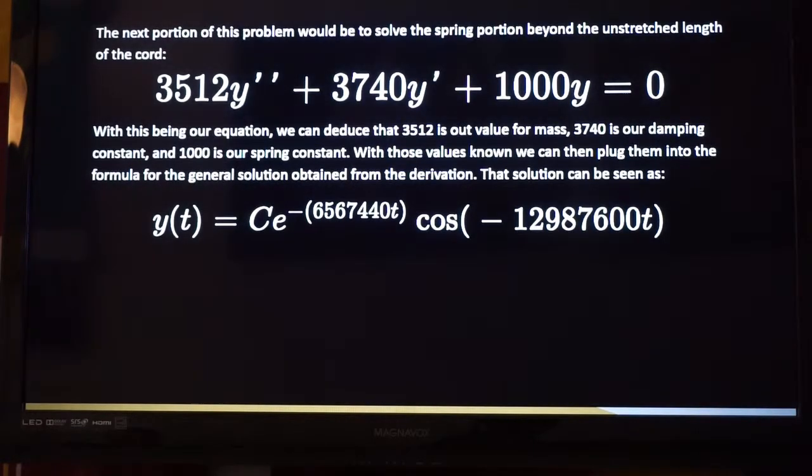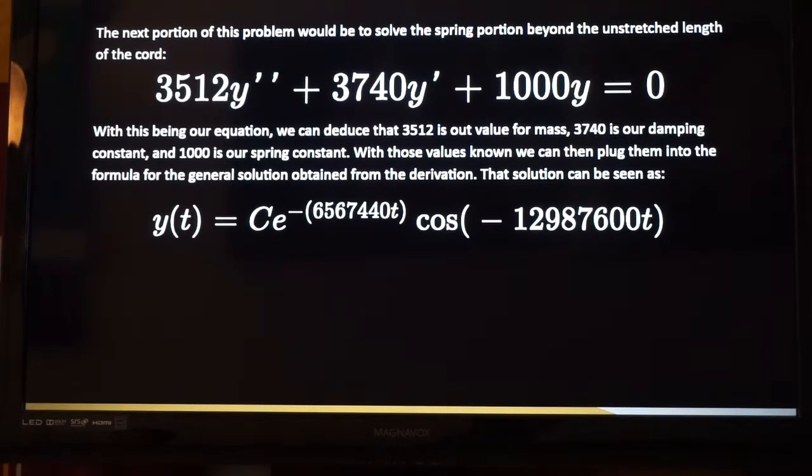With that, since we know our constants from the setup, we can set up our differential equation to be 3,512 y double prime plus 3,740 y prime, which is the damping constant, plus 1000 y, which is the spring constant.